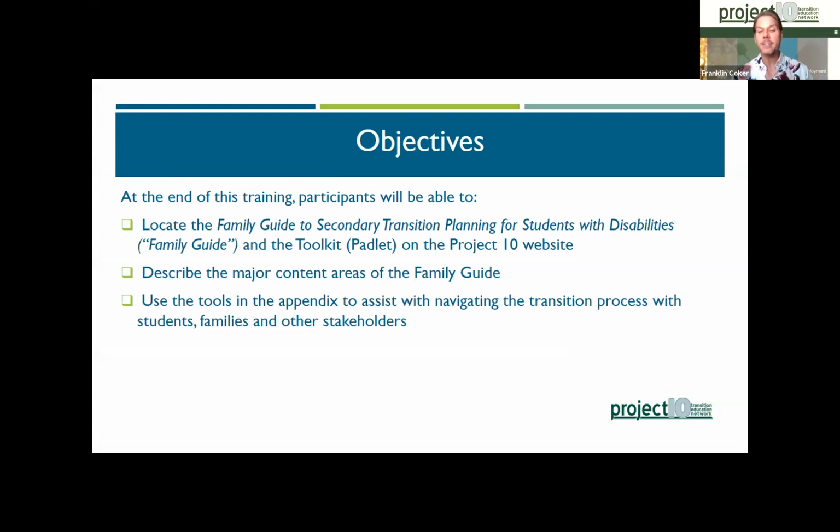They work hand in hand as companion documents, if you will, live navigable tools to use in that planning. We also want you to describe the major content areas of the Family Guide, and then how to use the tools and the appendix to supplement and support all of that planning along the way from 9th grade and beyond.